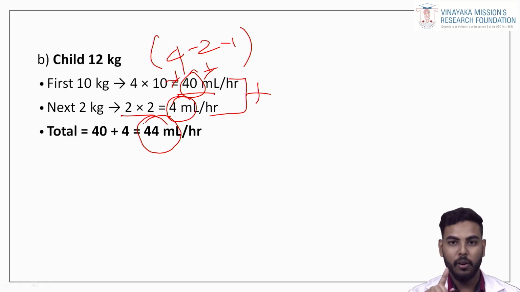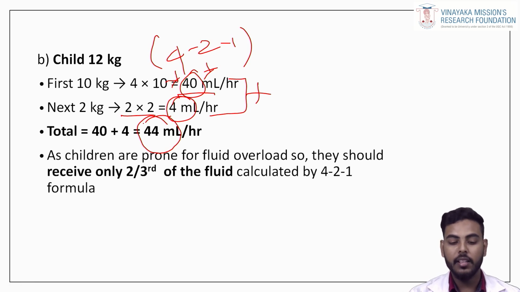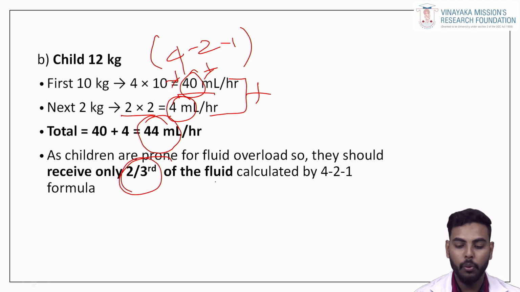And one important point we have to remember in pediatric patients is that children are prone to fluid overload, so they should receive only 2/3 of the fluid calculated by the 4:2:1 formula. So for this 12 kg child, the hourly rate is around 44 ml per hour. We should not give the whole 44 ml per hour.